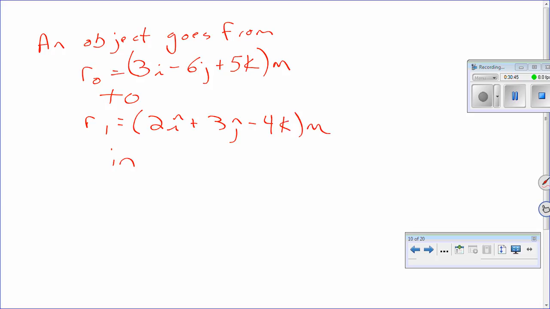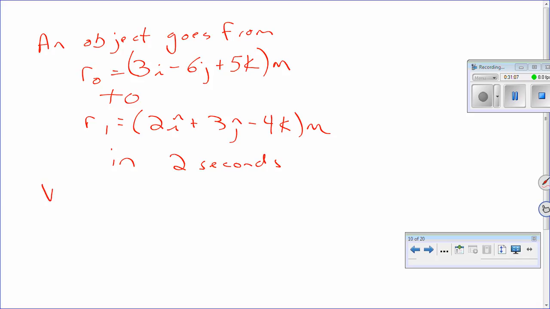How much time do you want that to take? We'll do 2 seconds because it's easy to divide by 2. So I'm just giving you a starting position, an ending position, and a time. Follow? Starting position, ending position, time to get between them.